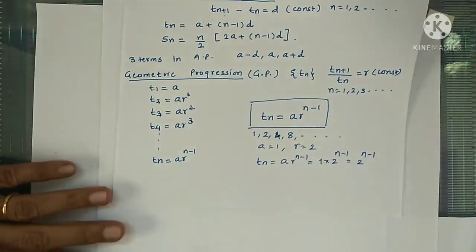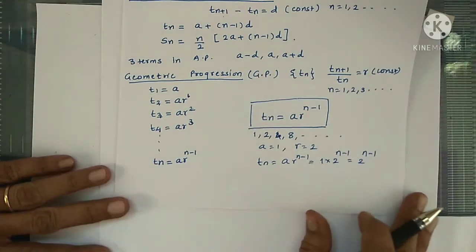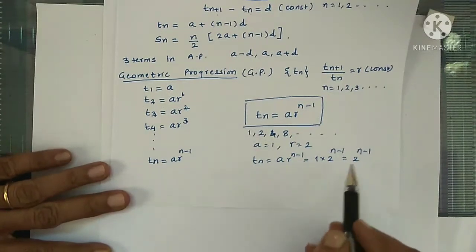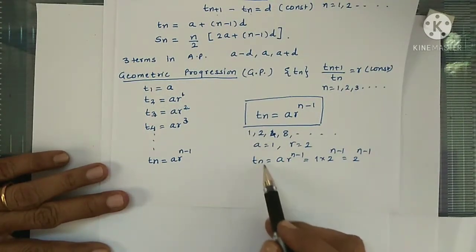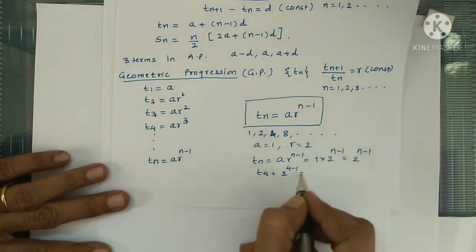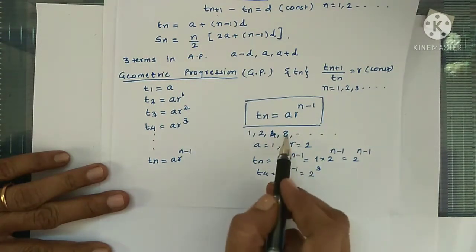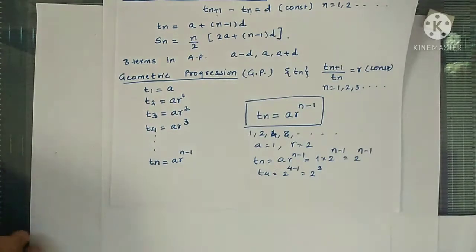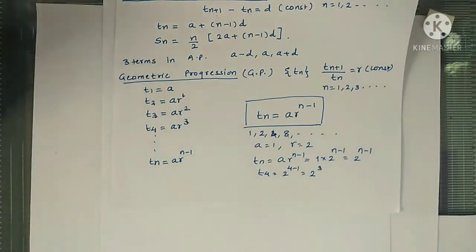Let's check for the fourth term, T4. Now T4 will be 2 raised to 4 minus 1, 2 cube, 8. See here, the fourth term is 8. So let's solve some examples based on Tn, and then we will see the formula for Sn of a GP.